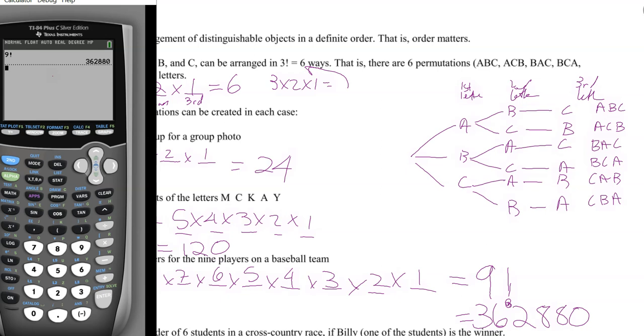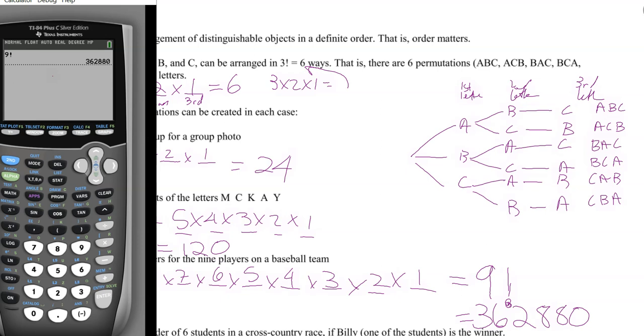All right, that's pretty close to 365,000, right? So you think about this. That's not far off 365,000. There's 365 days in a year. If that baseball team played baseball every day, and they could have a different order, it would be just a little bit short of 1,000 years. Okay?